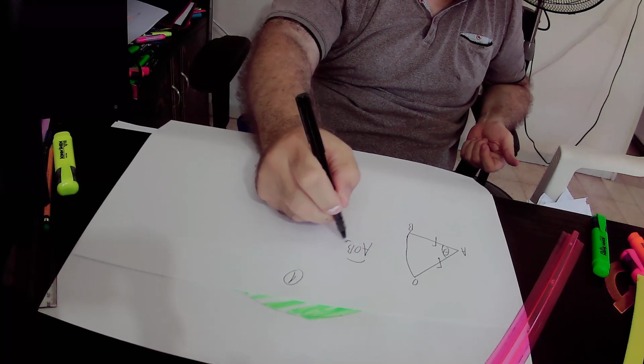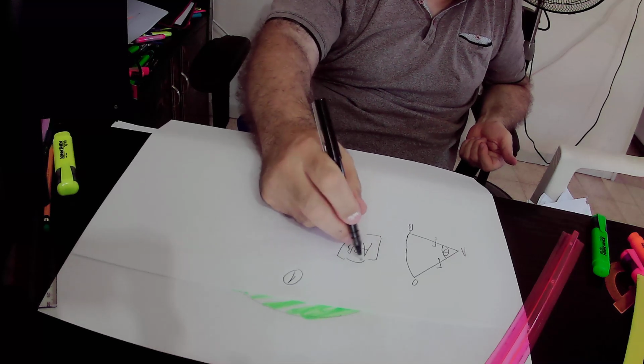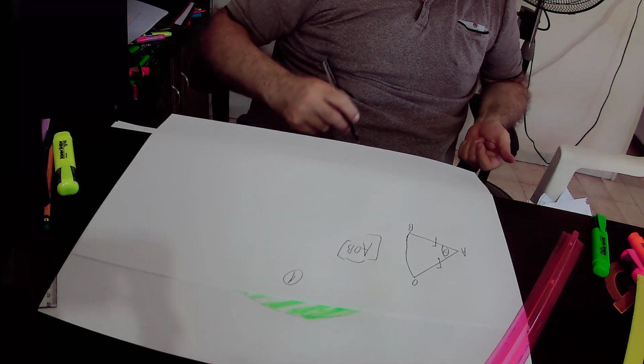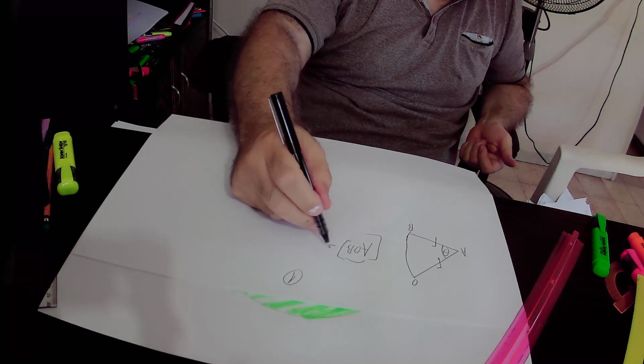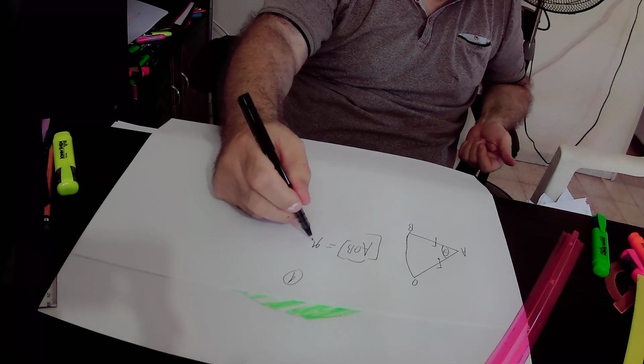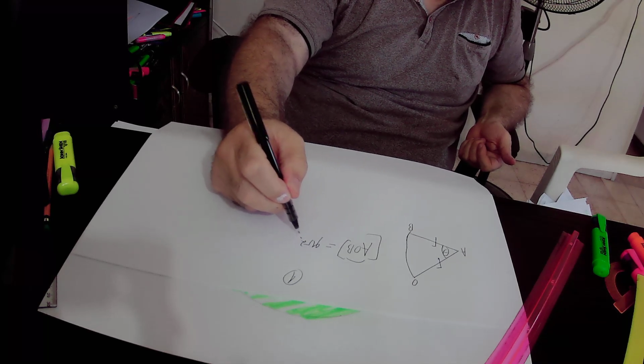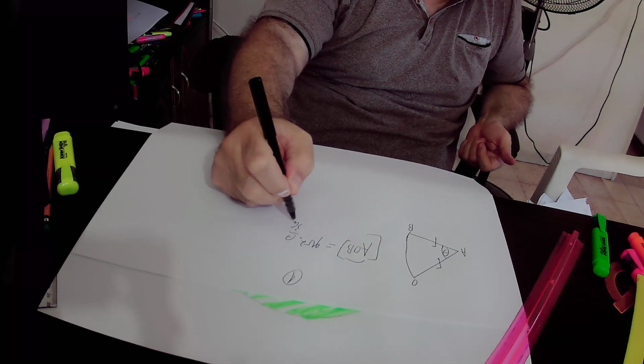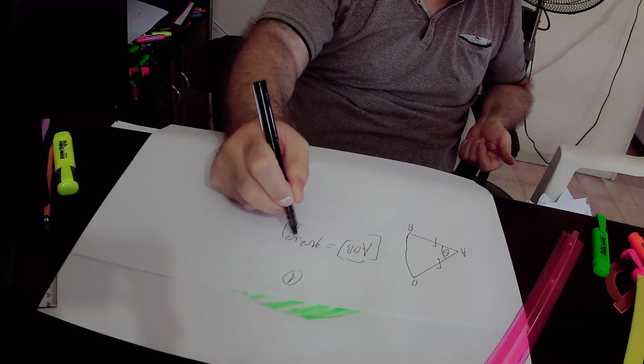sector A or B, the area of sector A or B, this is the formula for the area of a sector. The area of this sector, sector A or B, will be equal to the area of the circle that is pi r squared times theta over 360 degrees.